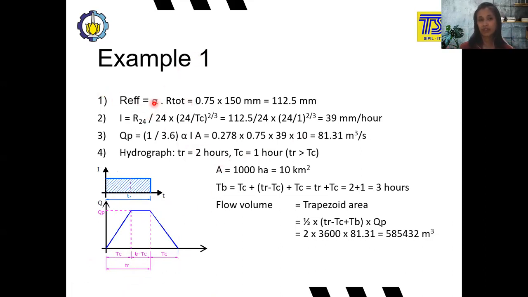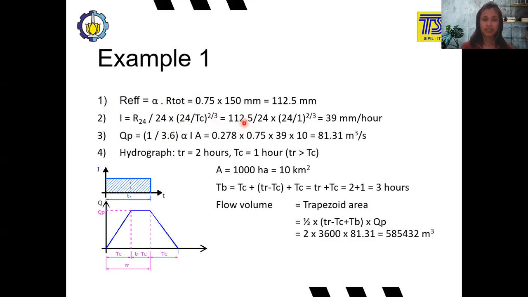So effective rainfall is the alpha times the total of rainfall, which is known in the question. And then we calculate the rainfall intensity, I, using the Mononobe equation. This Mononobe equation is R24 divided by 24 times 24 divided by tc, powered by 2 divided by 3.